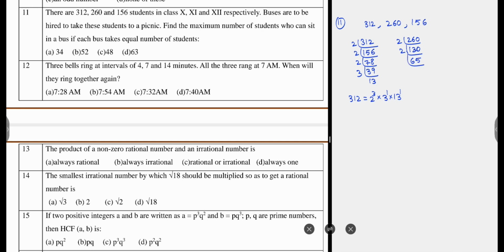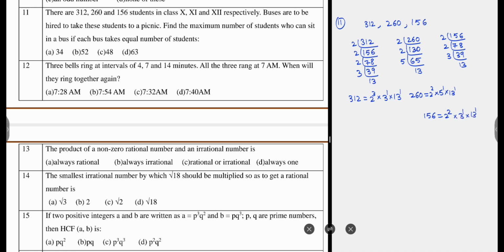Again we can take now 5 table, 5 thirteens are 65. So 260 is equal to 2 power 2 into 5 power 1 into 13 power 1. Then 156. 2 sevens are 14, 2 eights are 16, again 2 thirteens are 26, again 3 thirteens are 39. So 156 is equal to 2 power 2 into 3 power 1 into 13 power 1.